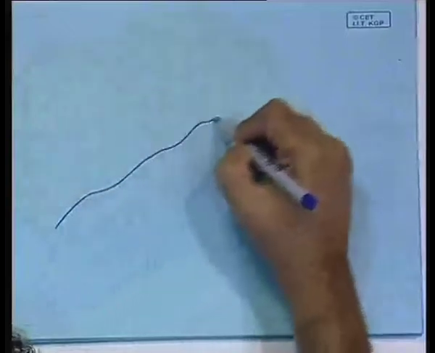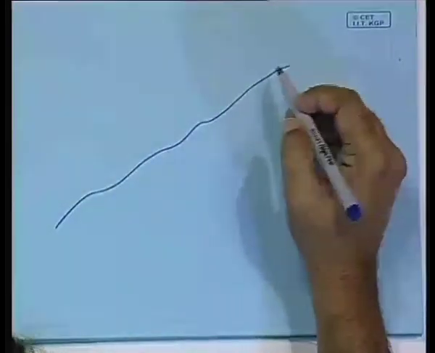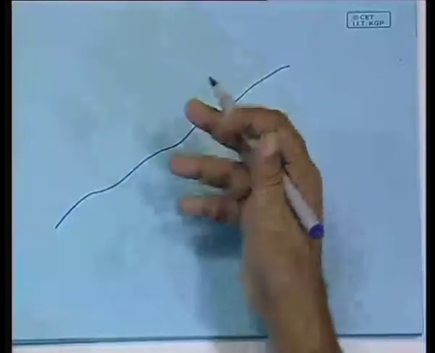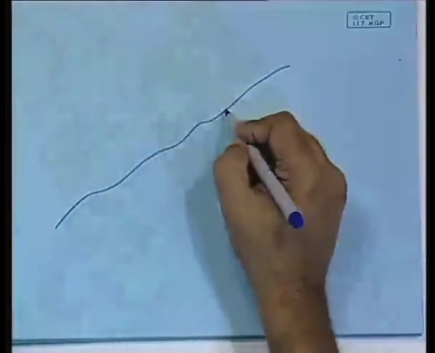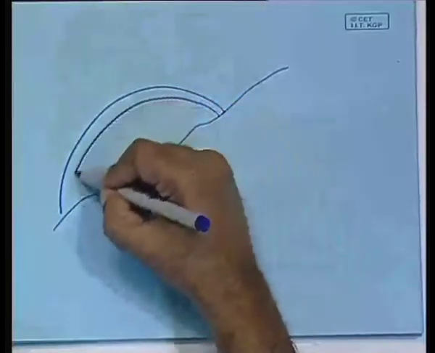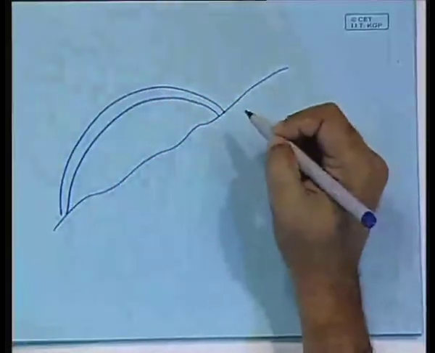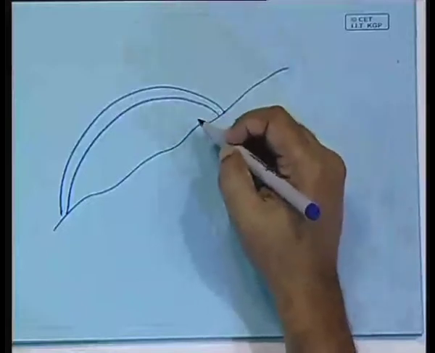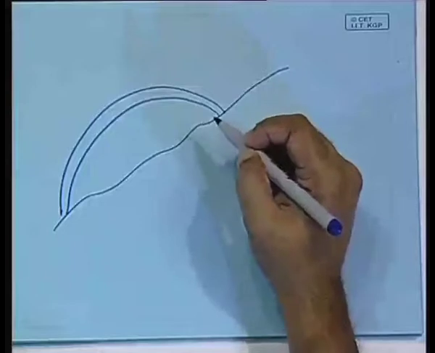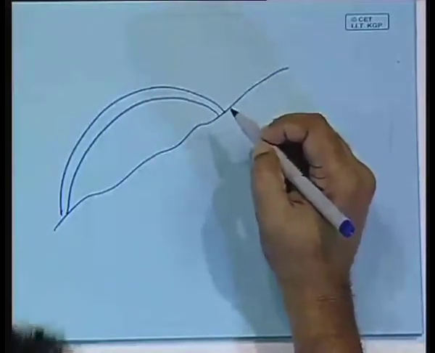So, suppose this is a coastline, and suppose in this part there is a high tidal variation, you would have to enclose a part something like this with a dam, with a physical civil engineering construction in the middle of the sea, which is very expensive. That is why we never do that.